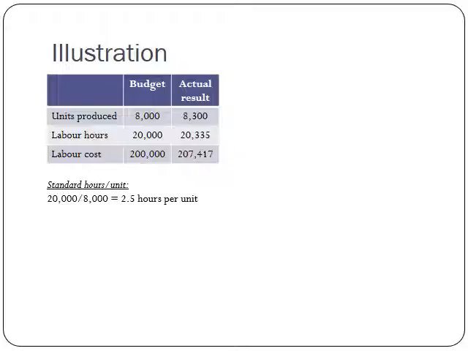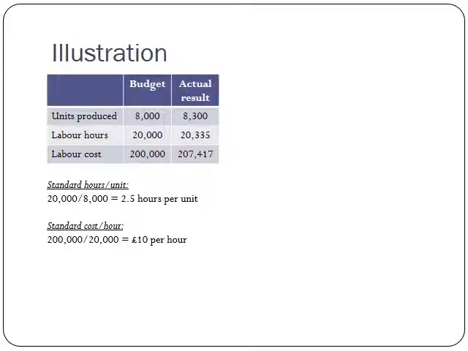If it takes 20,000 hours to make 8,000 units, my standard hours per unit is 2.5 hours. I can then work out my standard cost per labour hour. So that's the budgeted labour cost of £200,000 divided by my budgeted labour hours of 20,000, or £10 per hour.